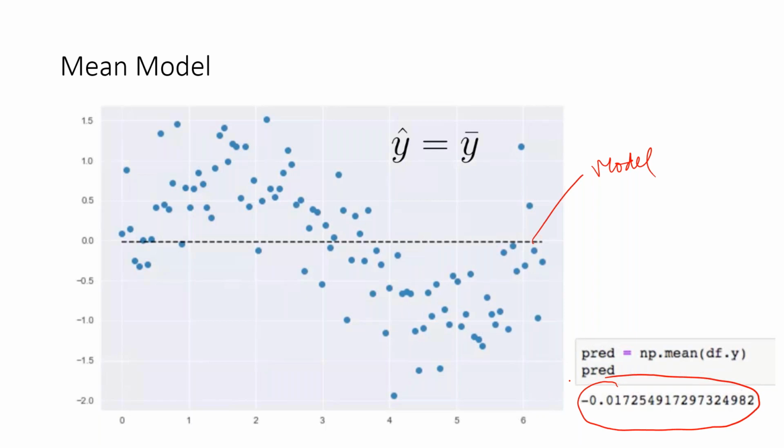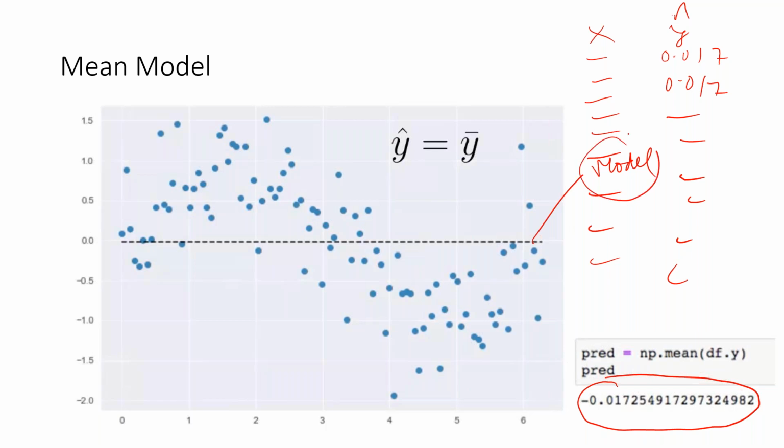For all x, which is my 100 values, y hat is my 100 values of minus 0.017. I plot all of them and draw. Any such line will be a horizontal line cutting across your data at the mean point. So the black dotted line is my model.